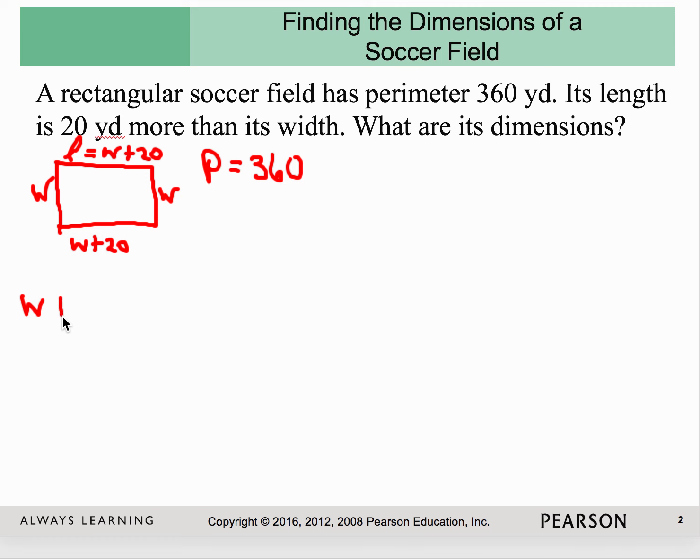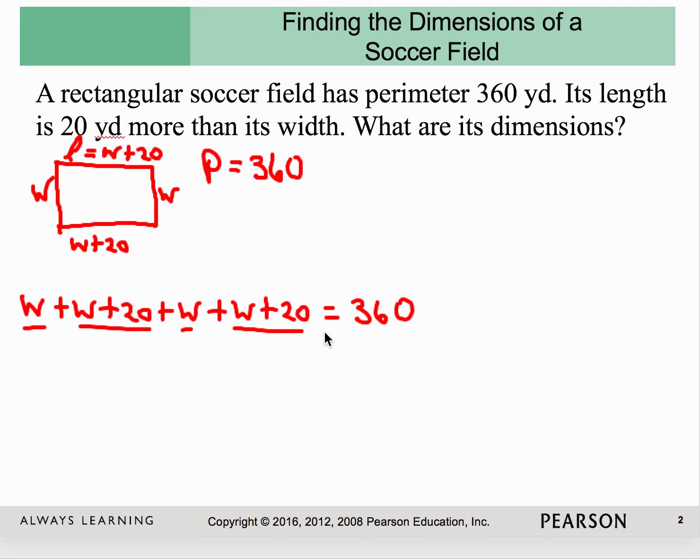So W plus 20 plus W plus W plus 20, right? 1, 2, 3, 4 sides. That's got to equal 360.